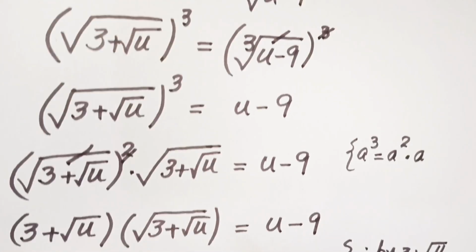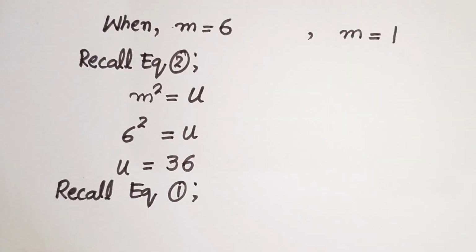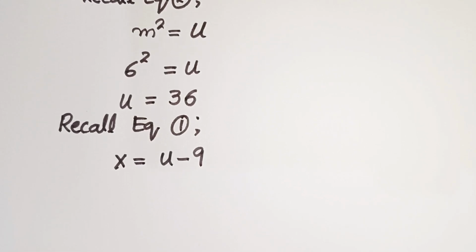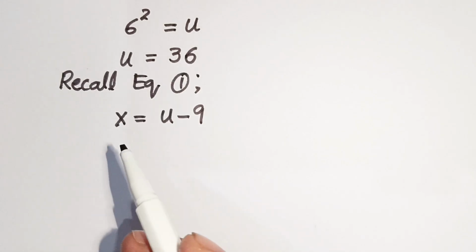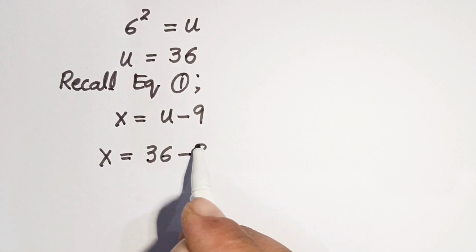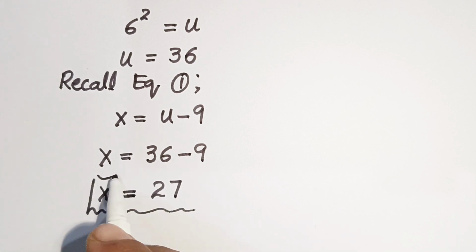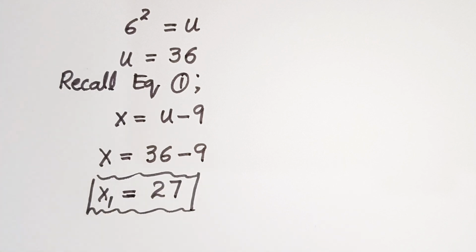Putting the value of u, which is 36, here x is equal to 36 minus 9. So x is equal to 27. It is our first value of x. Let's say it is x1.